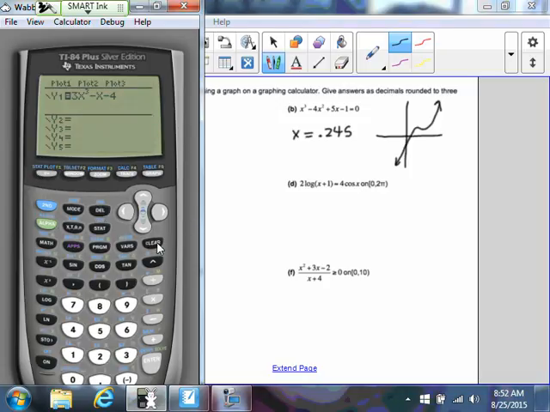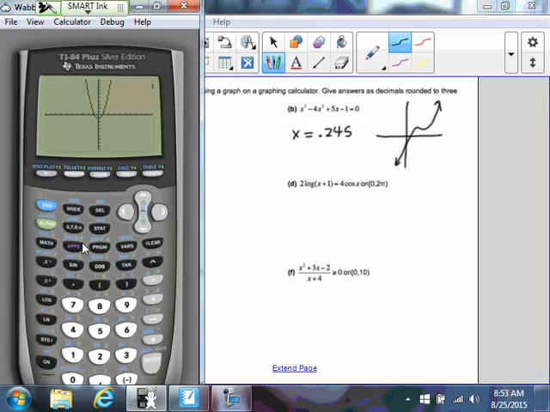So for y1, you're going to put the 2x squared minus 1, and for the other one, you're going to put 3 to the x. And you're going to hit graph.